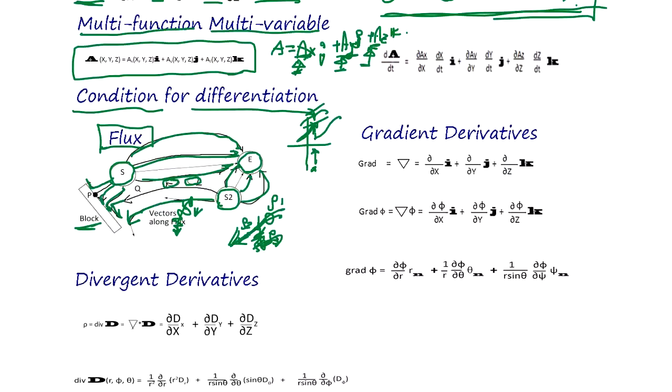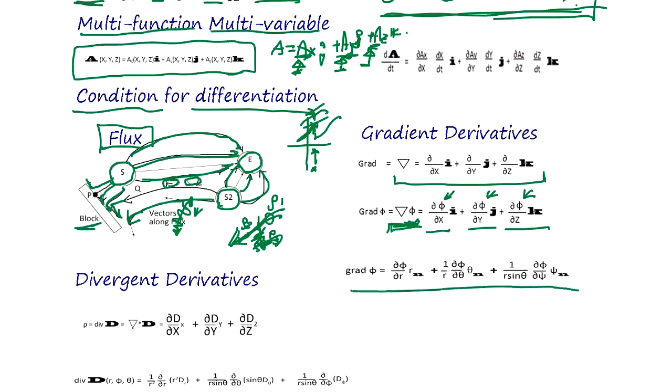Now, the first differentiation is called the gradient derivative, and we define this kind of operator. Operator means it just applies to this function. Say you have a contour map or an electric potential. The phi is here. Then you get this, and this pretty much gives the slope of the contour map.